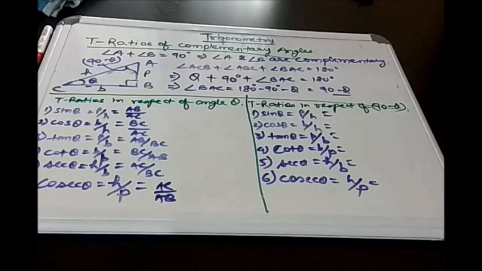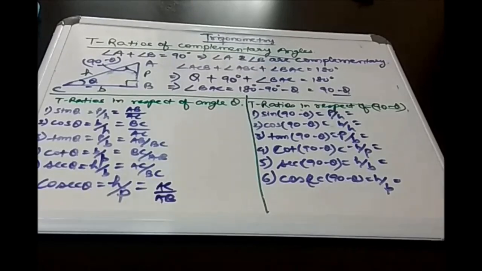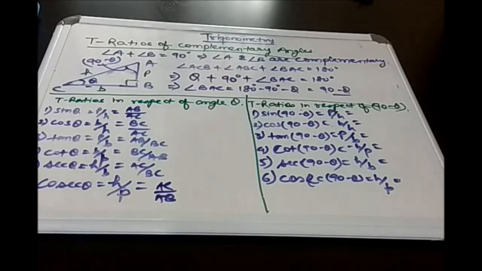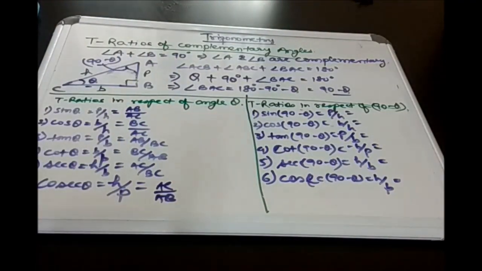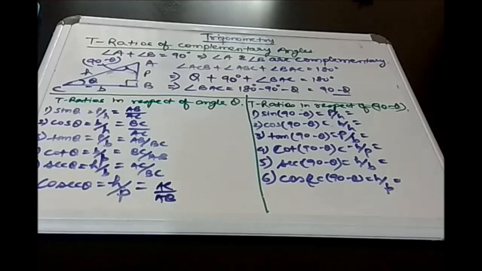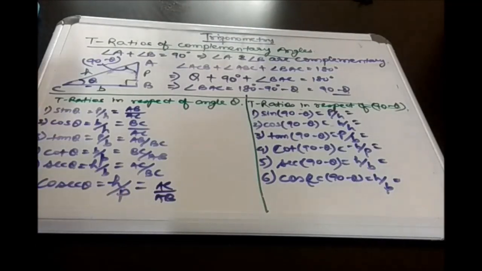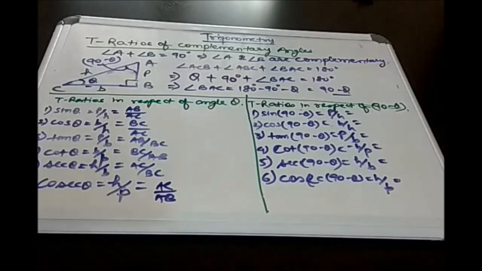Now while writing, we will be writing trigonometric ratios in relation to angle 90 minus theta, that is angle B, A and C. Only thing we have to keep in mind is we have to change the nomenclature of perpendicular, base and height.